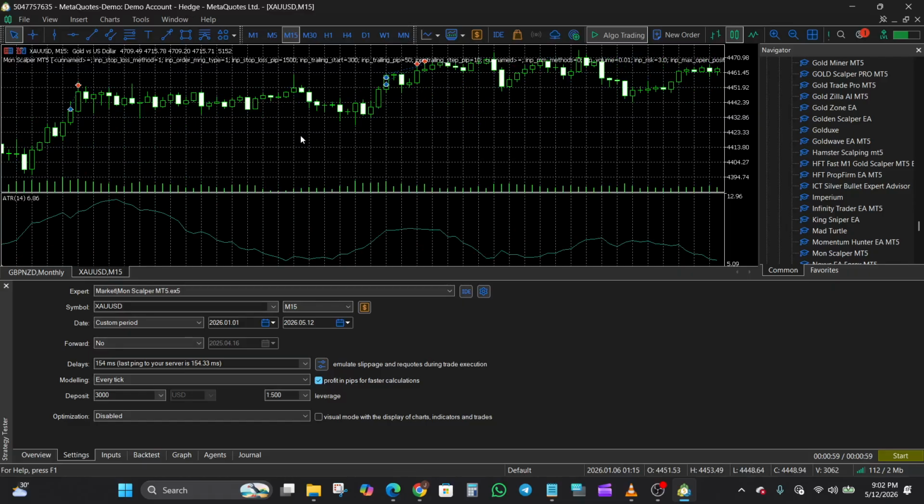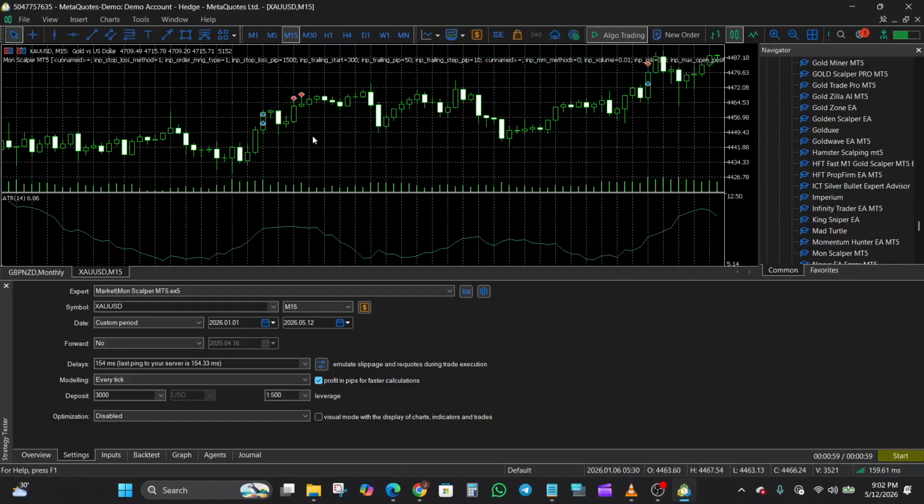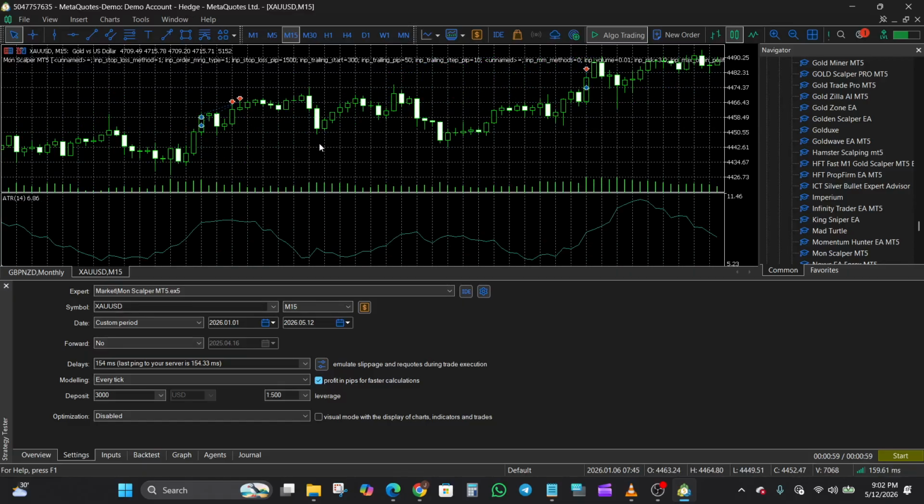Now since the strategy is specifically described as breakout focused, you'll typically want to pay attention to how the EA behaves during ranging periods versus stronger directional moves in gold. And because this is a scalping oriented system operating on XAUUSD, execution quality, spreads, slippage, and broker conditions can all have a significant impact on historical testing performance as well as live results.